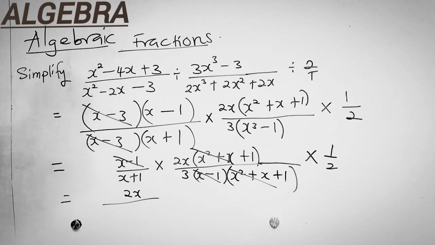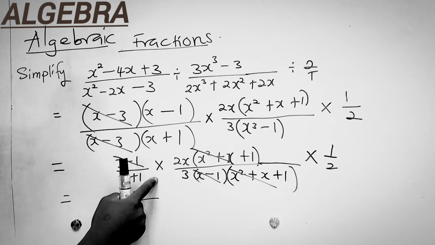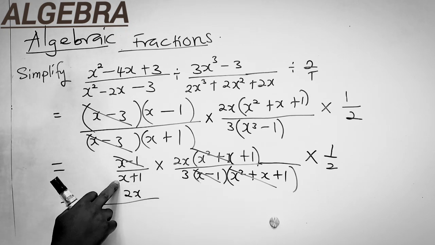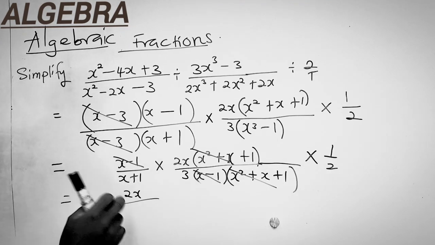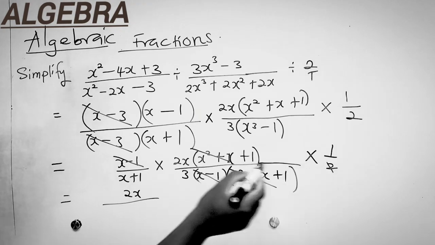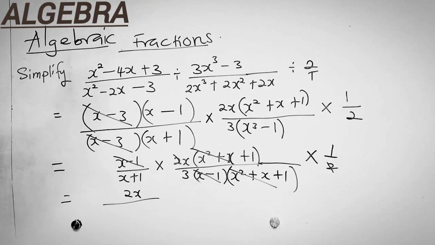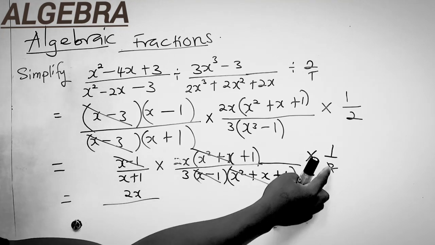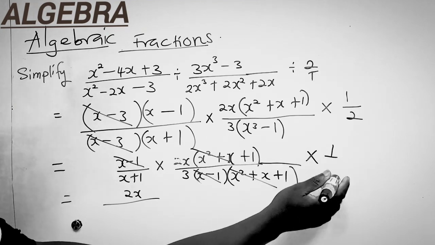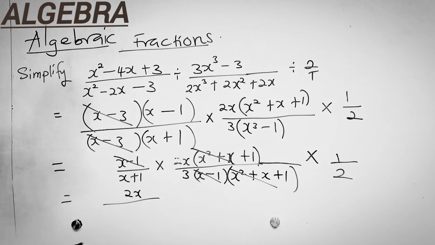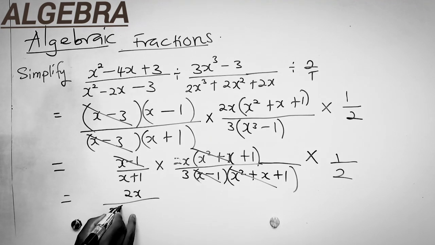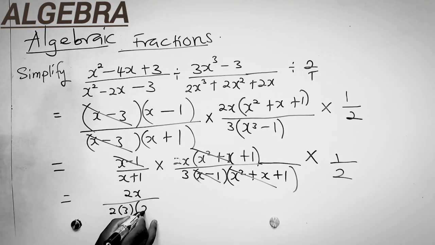And we also have 1 over 2. So I'm left with 2 multiplied by 3 multiplied by x plus 1.